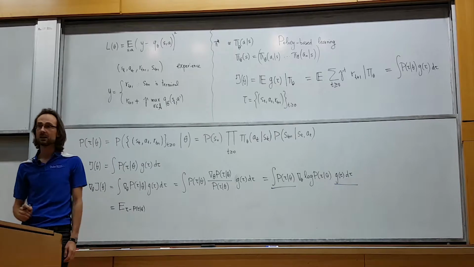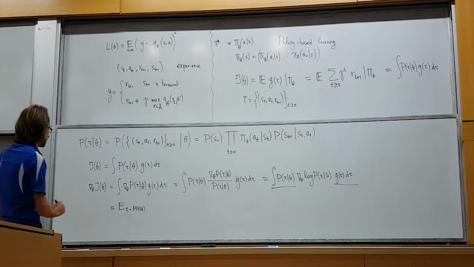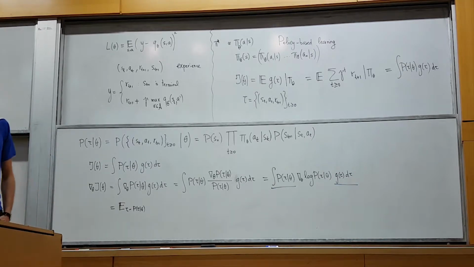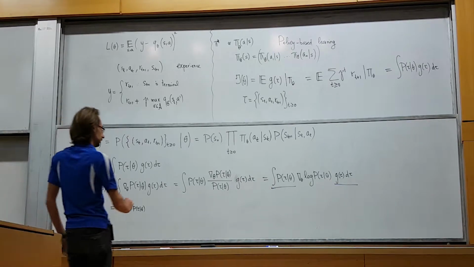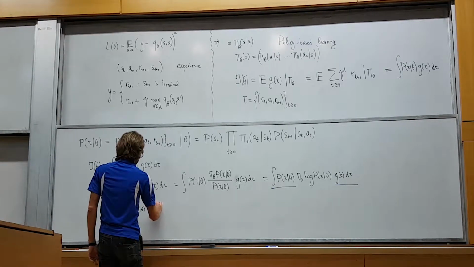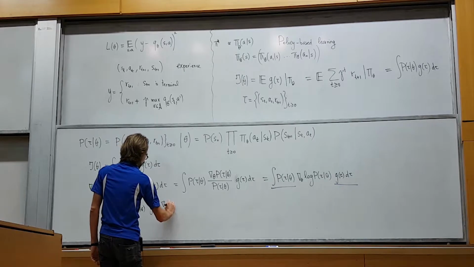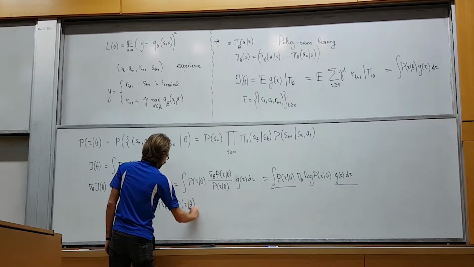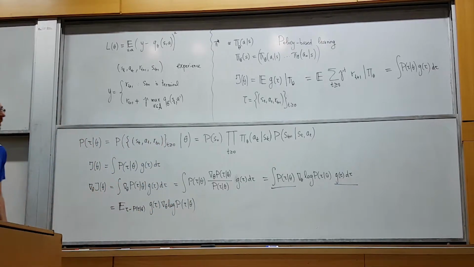It depends on theta. Of what is written under the integral, basically the gradient of the log of p tau given theta, times G tau. Okay, so this already looks tractable.